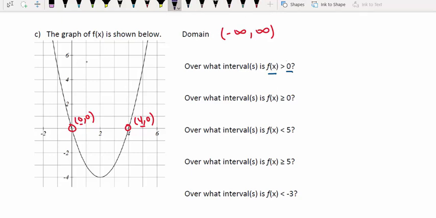So that would be anything where the graph is above the x-axis. These are all points whose y values are positive or greater than 0. And this part of the graph over here also has points with positive y values. Or you can think of it as it's where the graph is above the x-axis. And don't forget that it goes on forever in both directions.